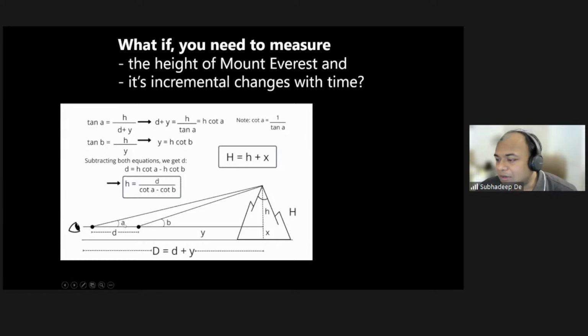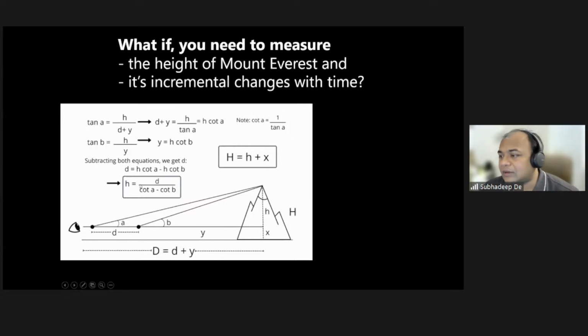What he did, he took some sort of torch or some pointer, and he placed himself at a point, and he was able to measure the angle theta of the vertex point of Mount Everest. And then he moved a certain distance d, and again measured the angle pointing towards the vertex point of Mount Everest. So let's say these angles are A and B, and the distance he knew very accurately, how much he moved. Let's say that is d, and then just using this trigonometric formula, the derivation is here.